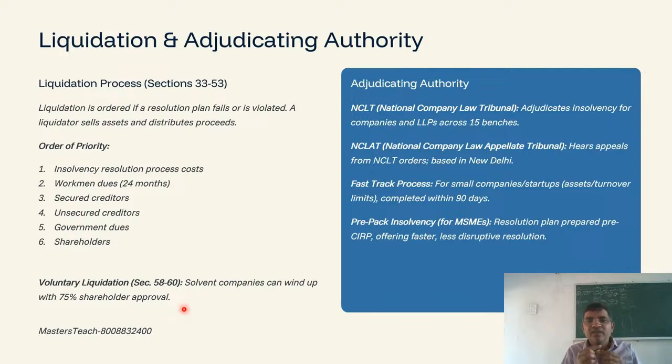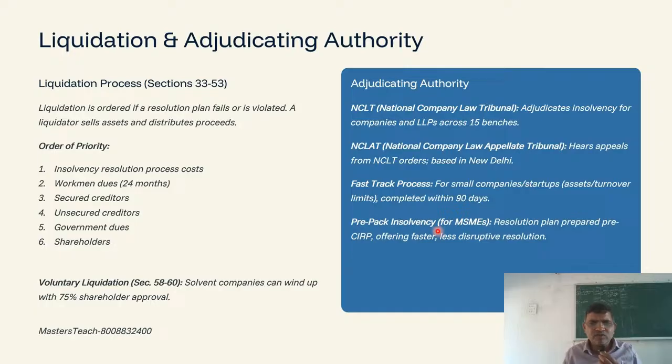Then the adjudicating authority, that is the NCLT, the National Company Law Tribunal, adjudicates insolvency for companies and LLPs across 15 benches. Then NCLAT, the National Company Law Appellate Tribunal, hears appeals from NCLT orders and is based in New Delhi.